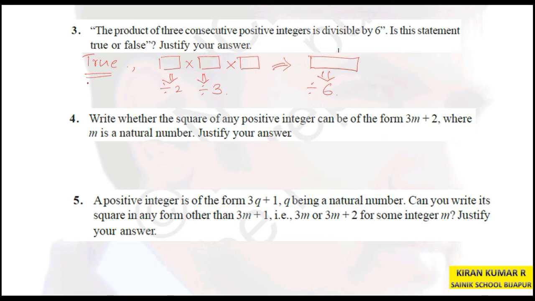Question 4. Write whether the square of any positive integer can be of form 3m plus 2, where m is a natural number. Justify your answer.